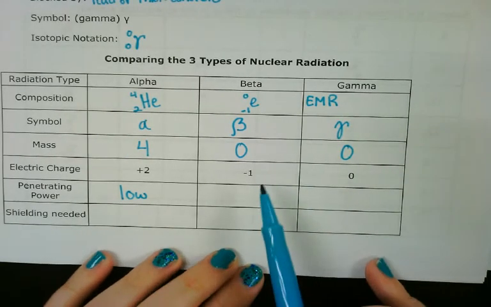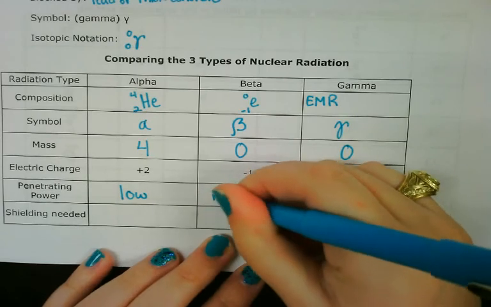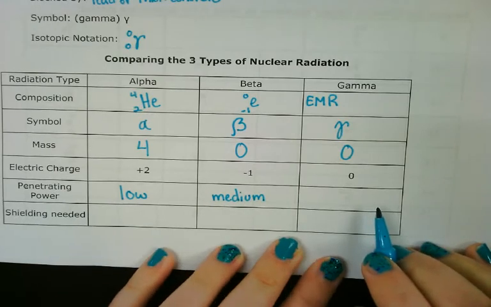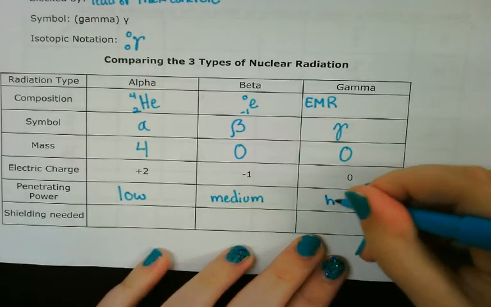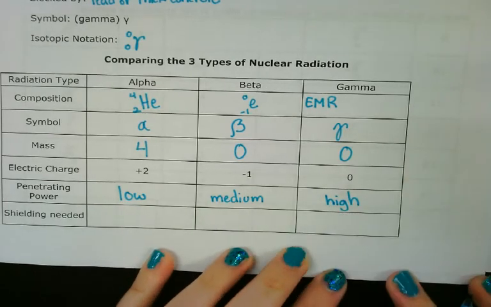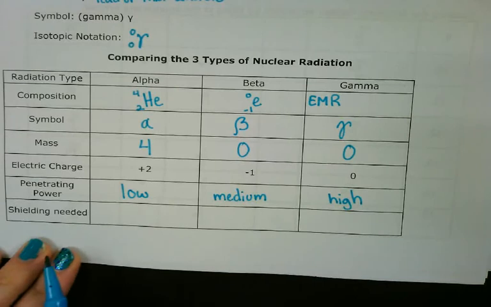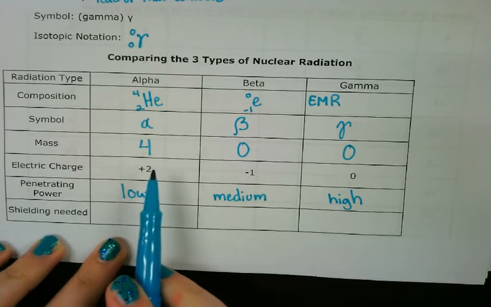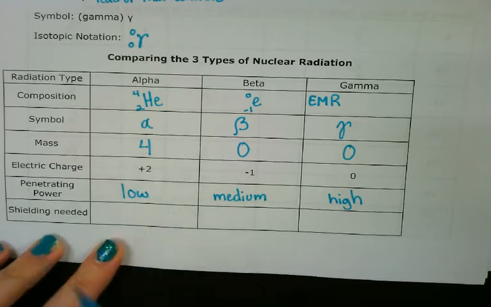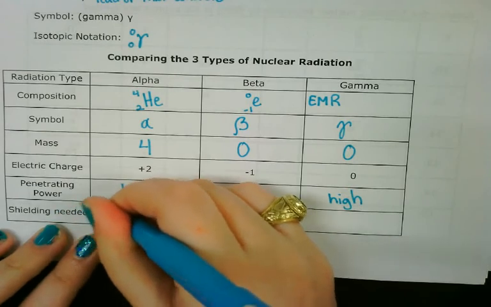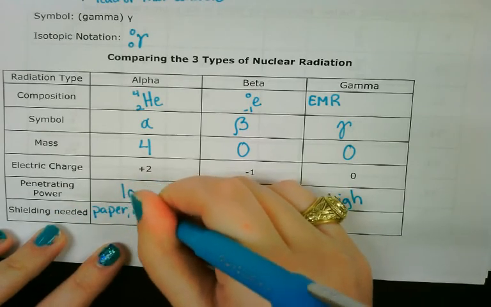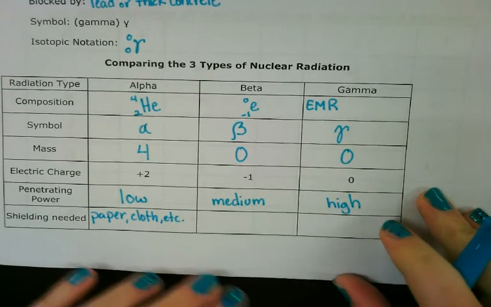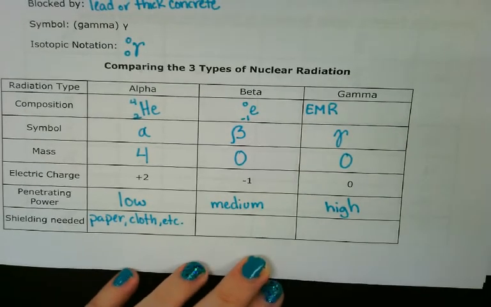Alright, so then beta has a penetrating power of medium. And gamma, as we said, has a high penetrating power. Shielding needed, so that means what is it blocked by? What were alpha particles blocked by? Paper, right? We can just use paper. We can use a piece of cloth. Really thin things like that will stop alpha particles in their tracks.